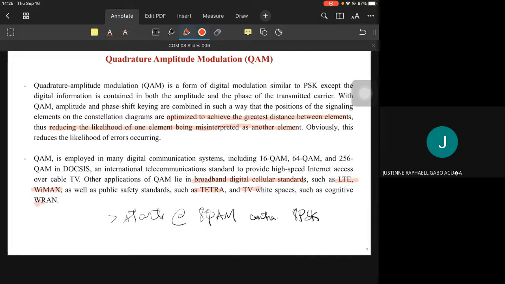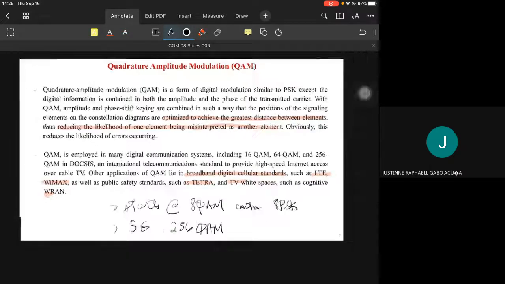I think I've said this earlier, 5G will use QAM. 5G will start at 256 QAM. We have to wait until 5G is totally standardized, but the digital modulation scheme expected to be used is 256 QAM. For now, we'll start with 8 QAM.